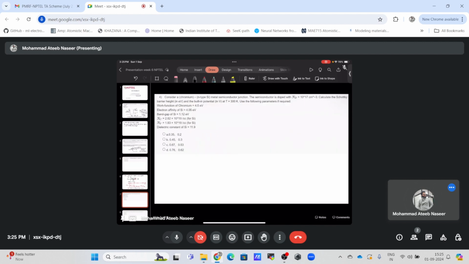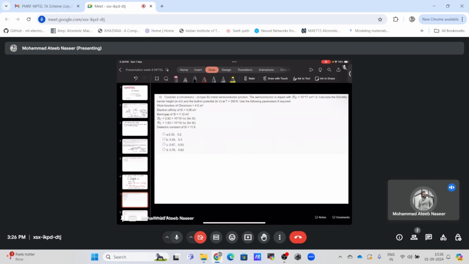Now we have been given some data about a particular metal-semiconductor contact, and we have been told to find things for this chromium metal.